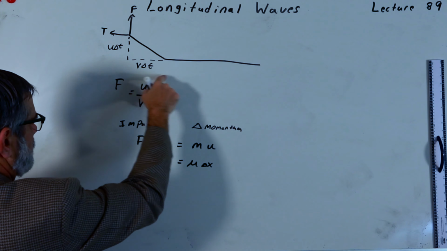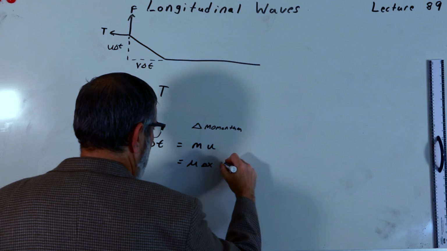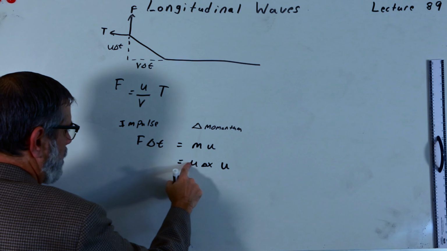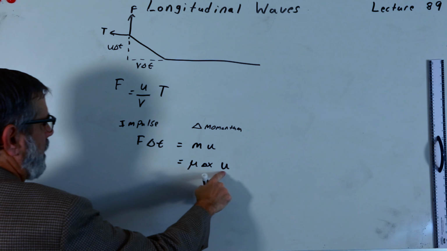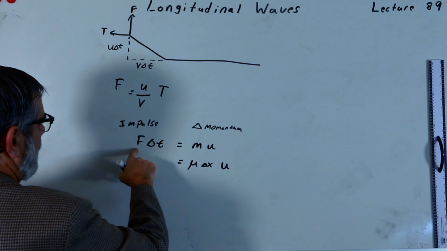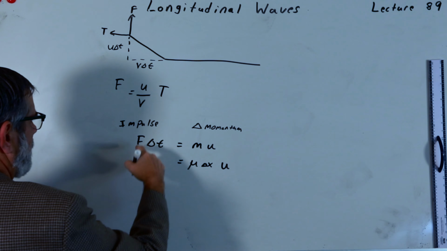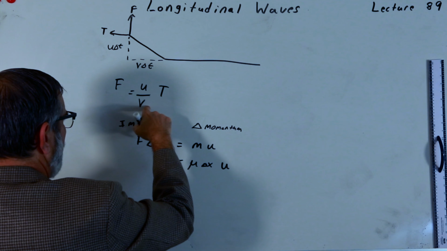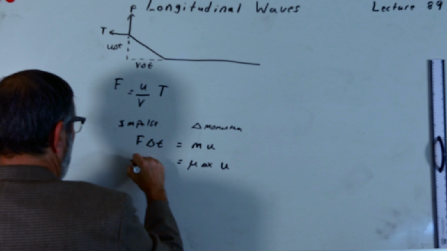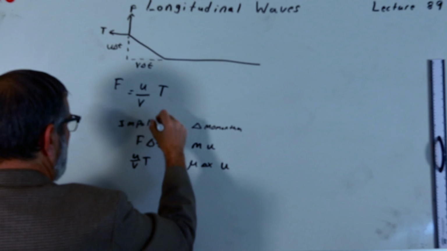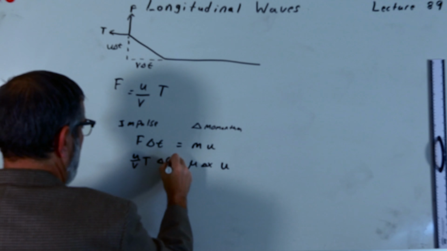So that's this distance here, delta x, all right? And then, of course, times u. Don't be confused with the mu and the u here, right? For F, I'm going to use this expression here, right? So I'll replace this F with u over v times T, the tension, times delta t, the time, okay?